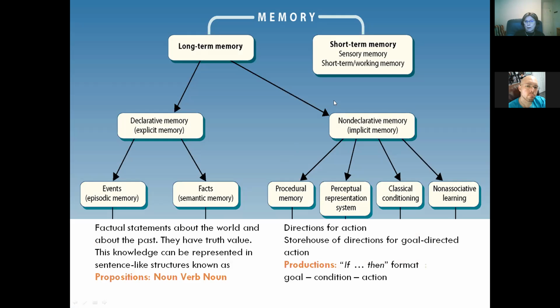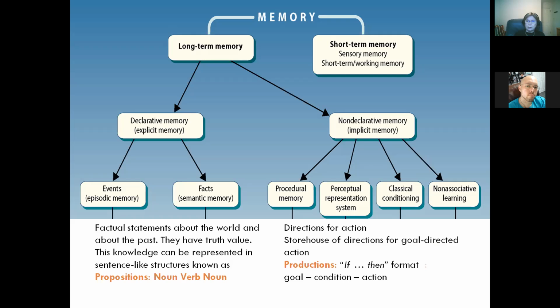All right, so just a very quick 30-second introduction, and then I'll get to more details. Remember, terminology might be a little bit confusing, but just think about explicit memory and implicit memory. The different types are actually about knowledge: what we know about the world and what we know about ourselves.